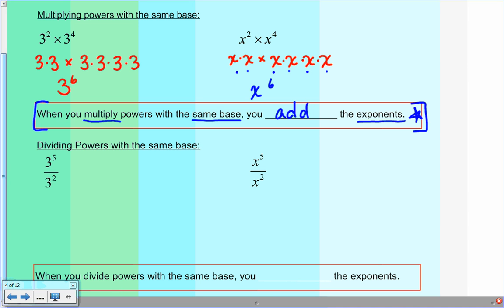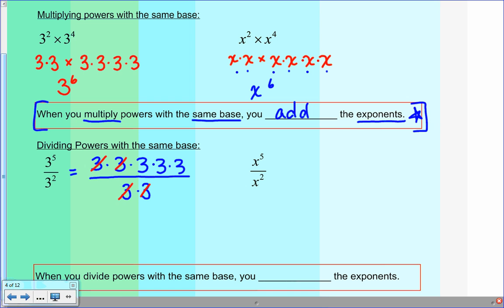So 3 to the 5th divided by 3 squared could be written out this way: 3 times 3 times 3 times 3 times 3. So 5 3's being multiplied together, and 3 squared is 3 times 3. If I divide 5 3's by 2 3's, I can simply cancel out the ones in common.